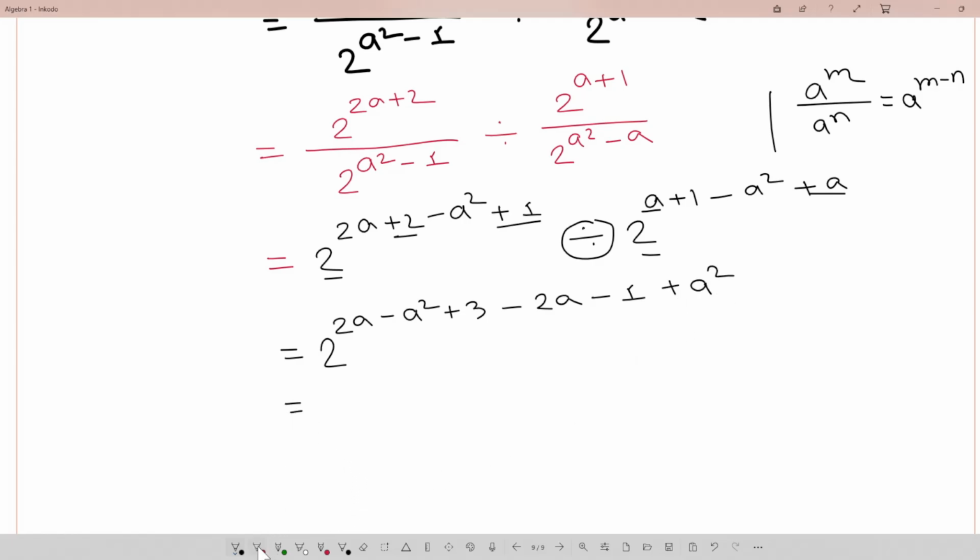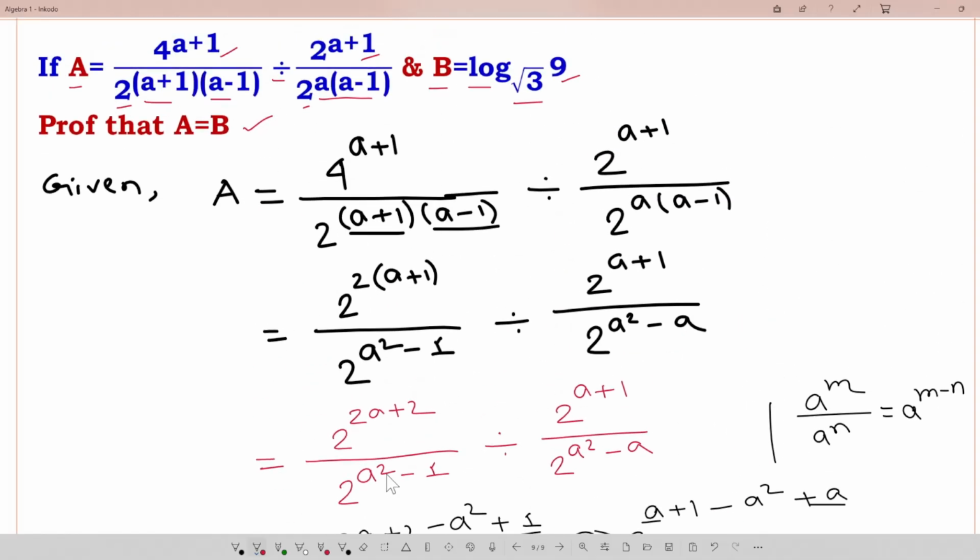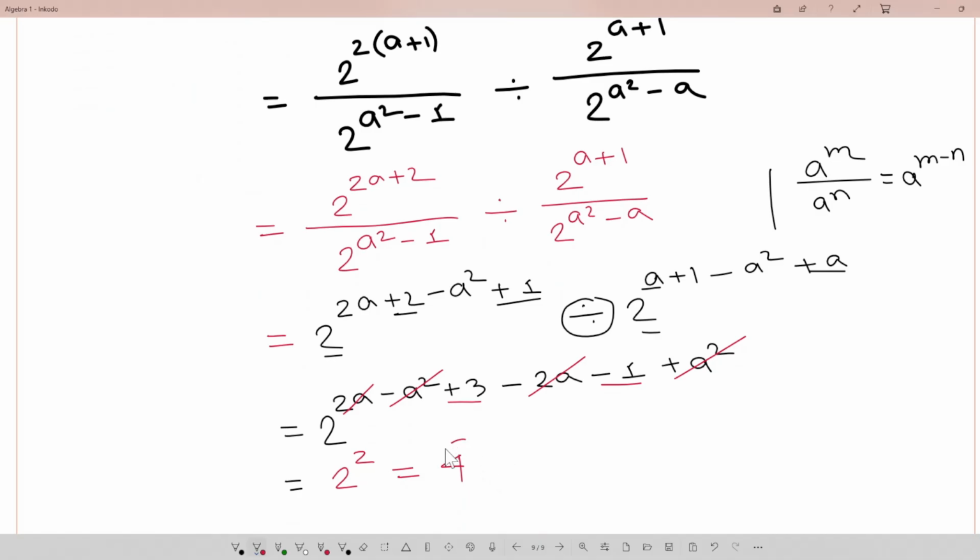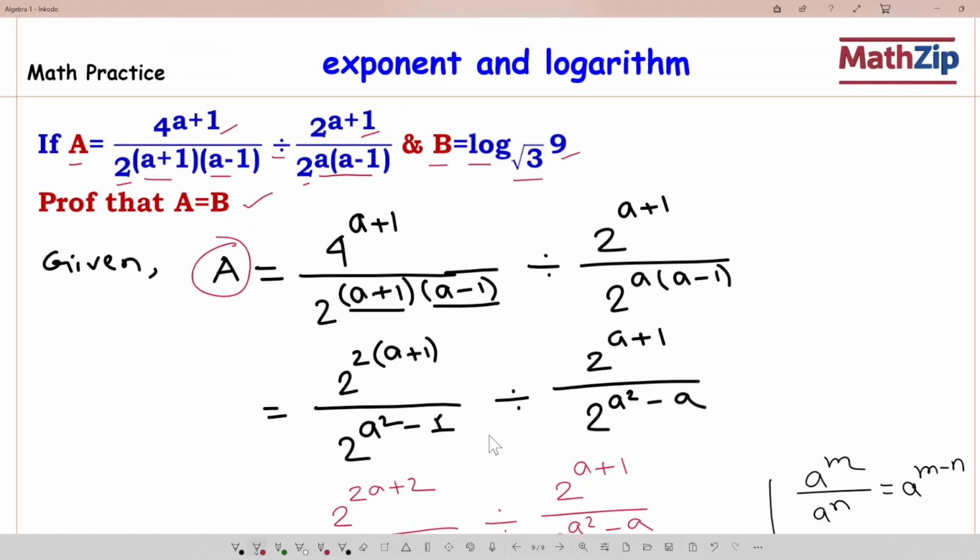So finally look, plus 2a and minus 2a cancel out, minus a square plus a square cancel out, and plus 3 and minus 1 will be 2. It means 2 square, so we can write this one is 4. So a becomes 4. We have to prove b also 4.